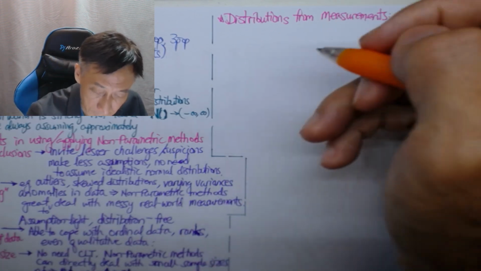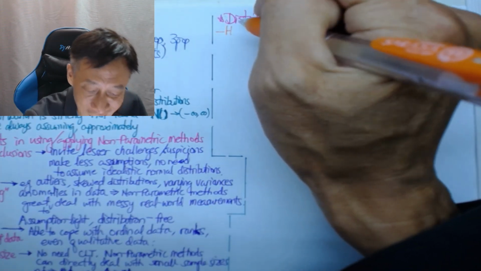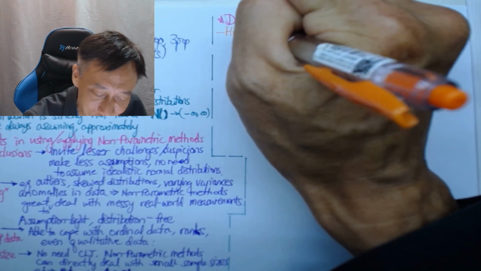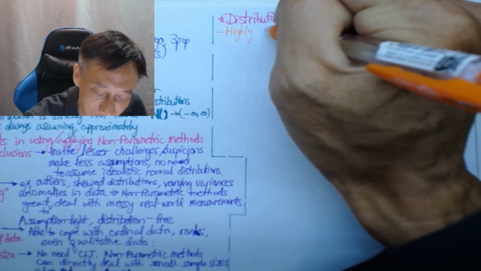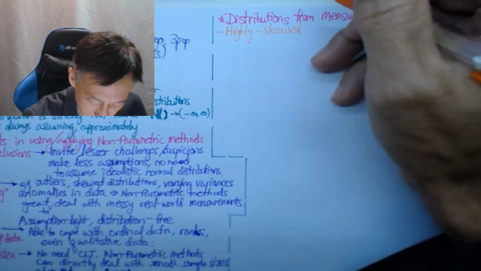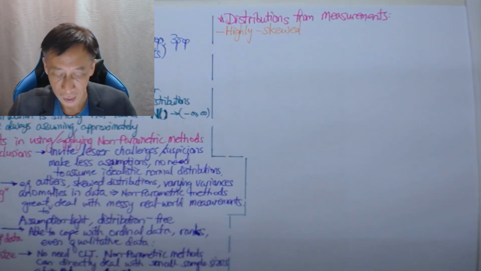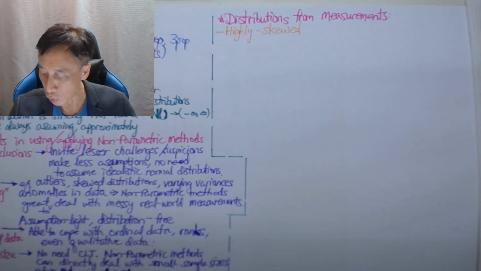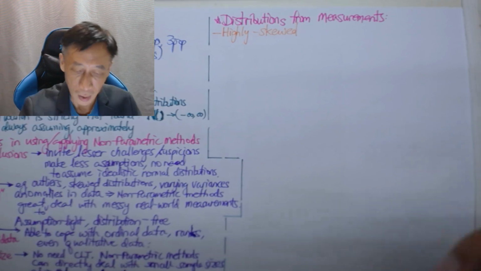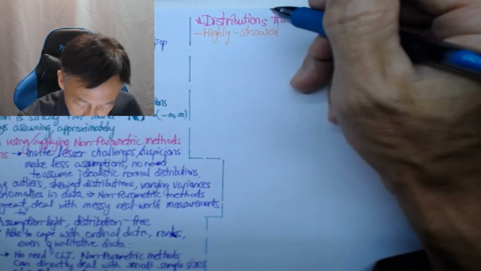Okay. Three categories that I want to go into, right? Number one is highly skewed, not skilled, not S-K-I-L-L, but skewed, highly skewed distributions. Okay, so highly skewed distributions, I'm just going to give brief ones.